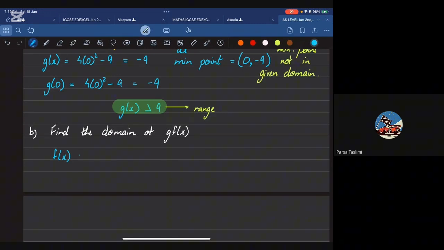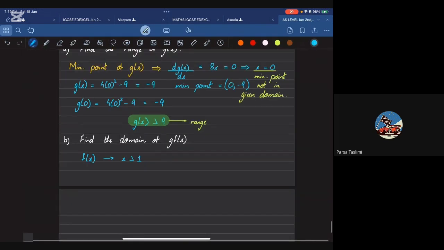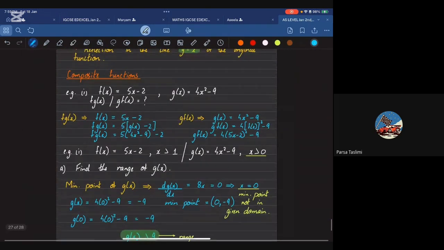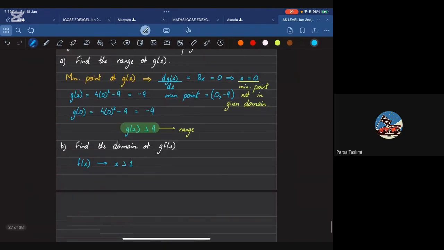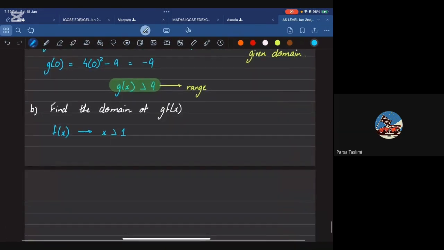I think I wrote it as x is greater than or equal to 1. Yep, that is what I wrote over here. And what was the domain of g of x? x is greater than 0.